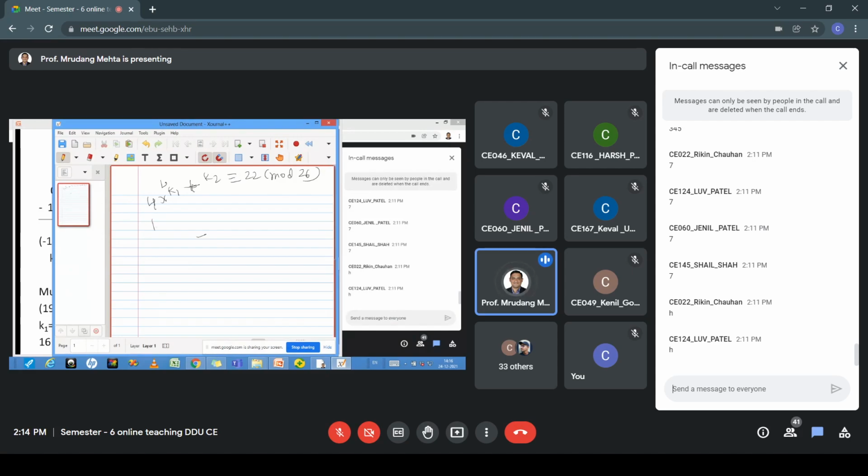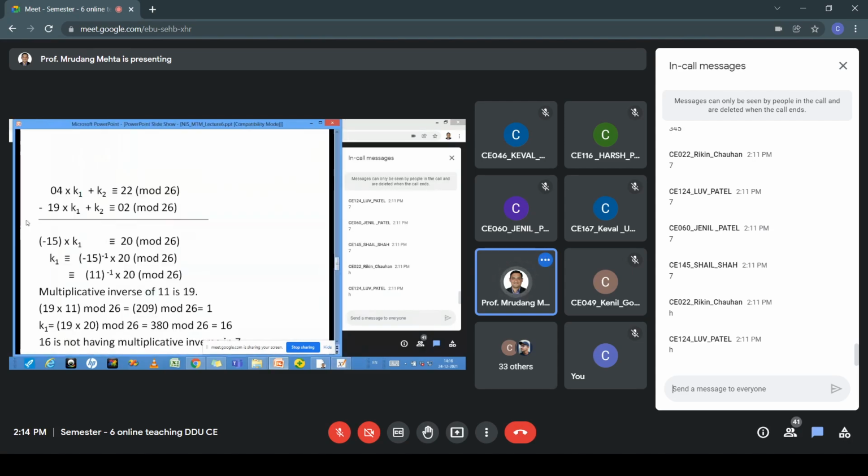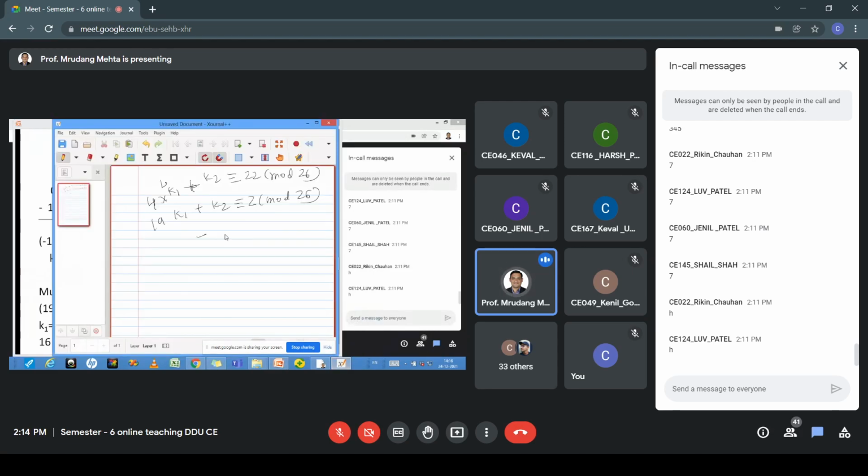We have 19 K1 plus K2 congruent to mod 26. Okay, these two equations are written over here, right? Now what we do, we take subtraction.